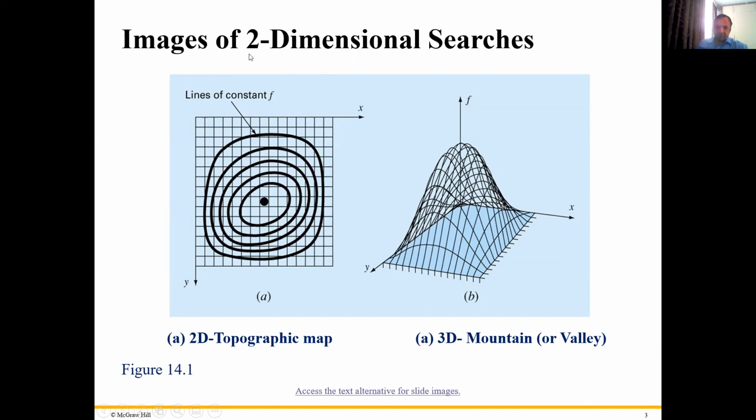For example, if we have just a two-dimensional function, when it is plotted on x and y planes, where x and y are the two independent variables, it results in a surface.